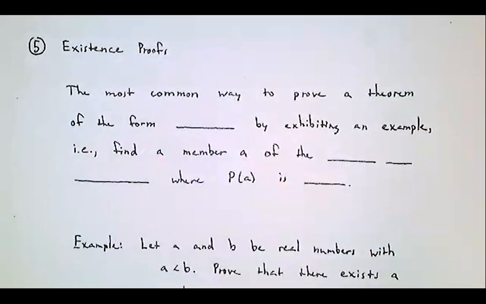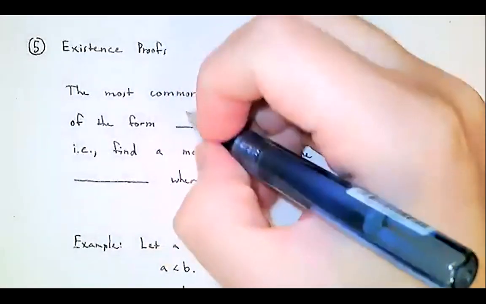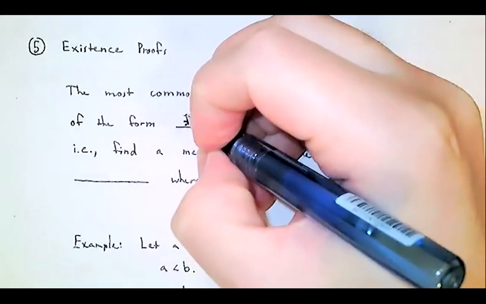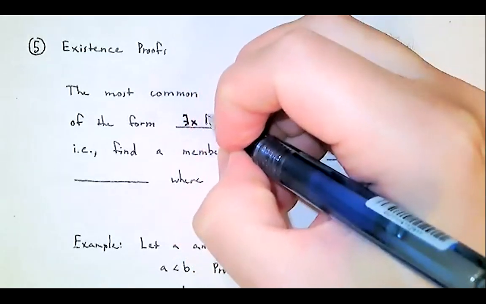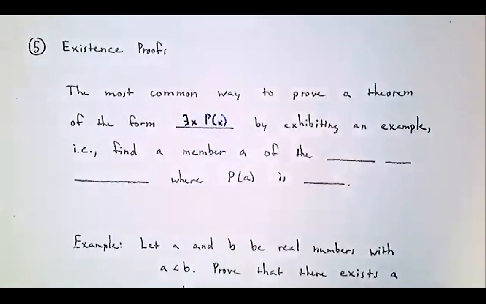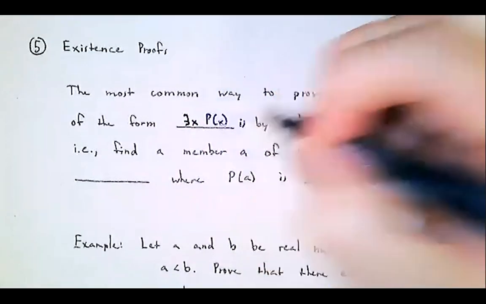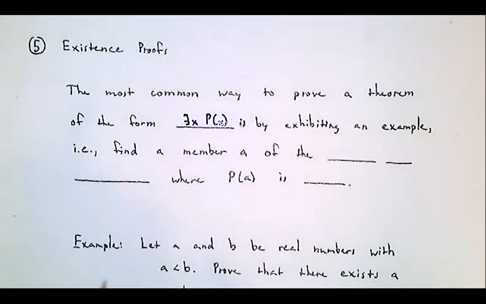And the most common way to prove a theorem of this form: there exists an x such that P of x, is by exhibiting an example.